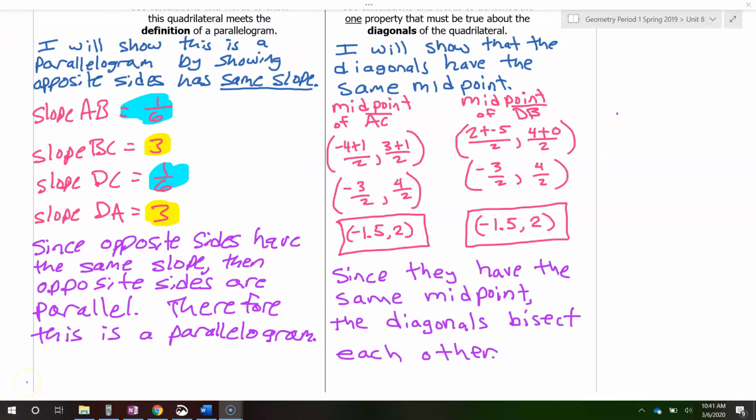So that is how you prove things using coordinates.